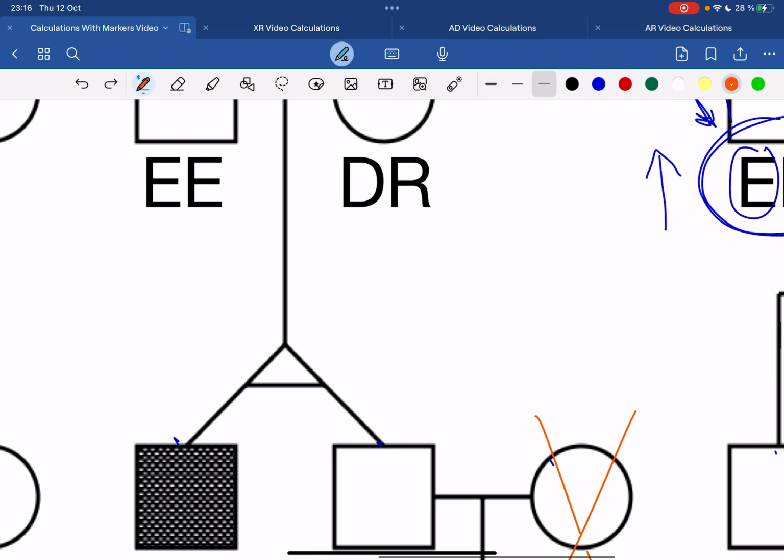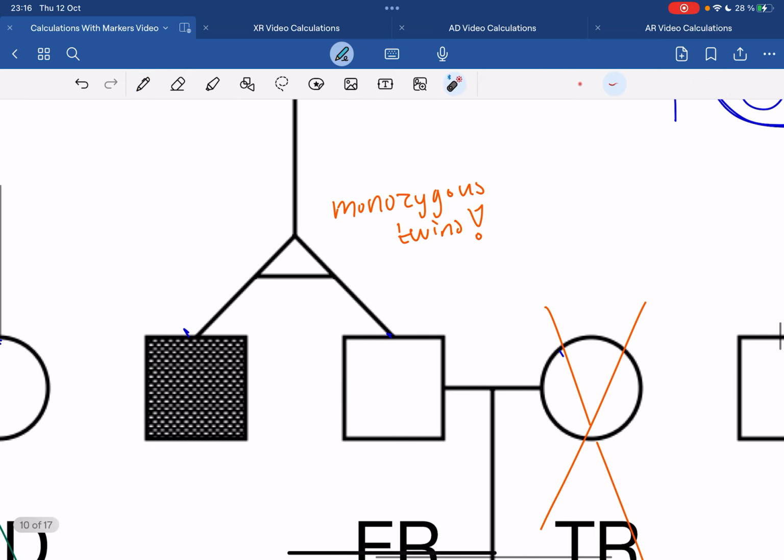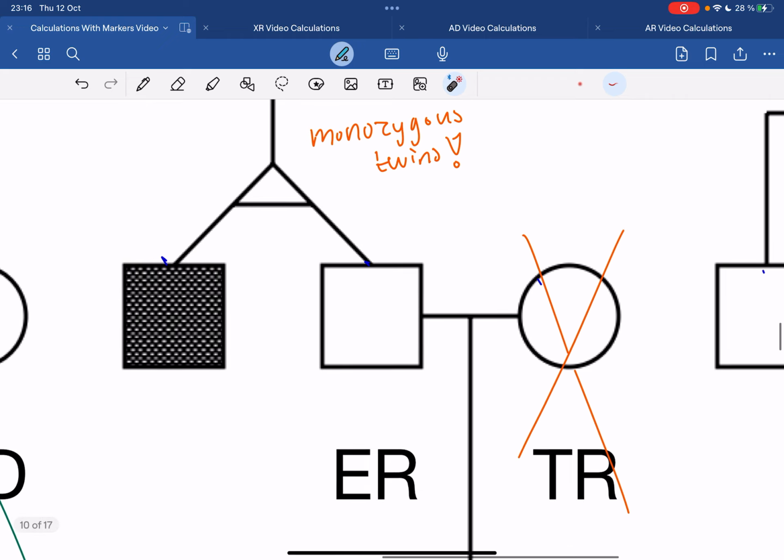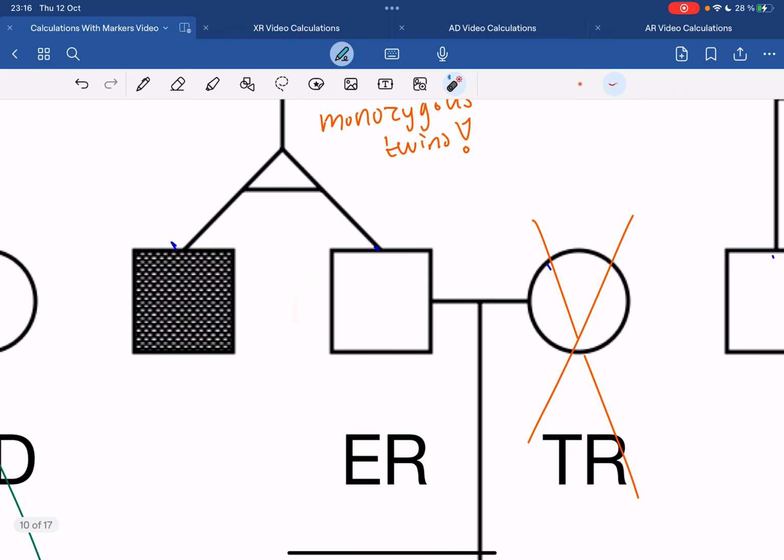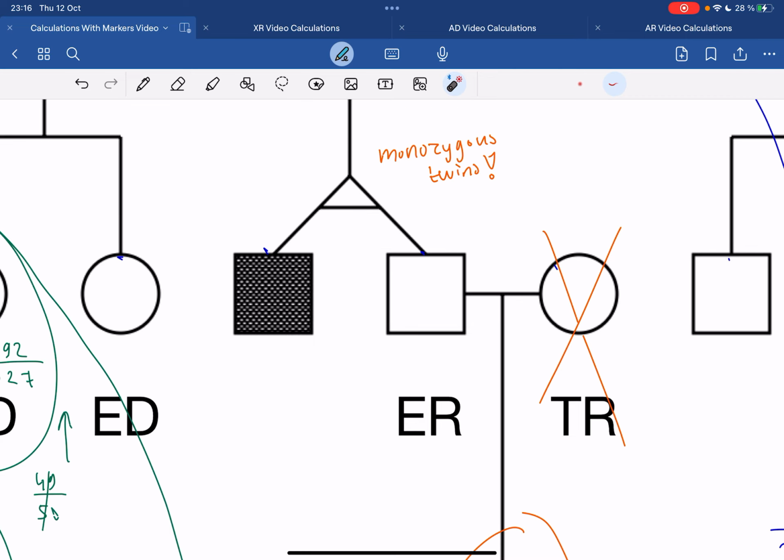This means that these children are monozygous twins, meaning that whatever phenotype this person has, this person has as well.